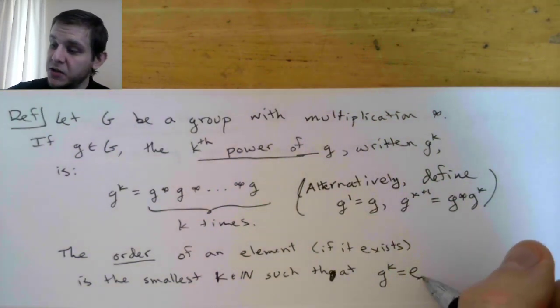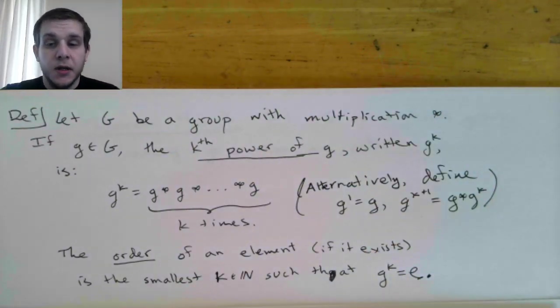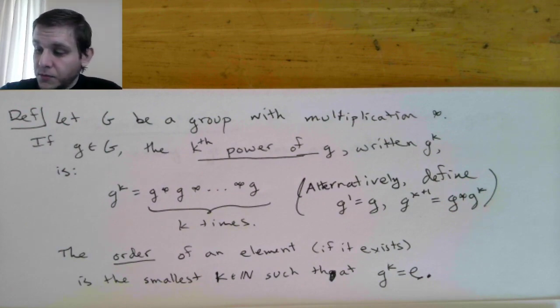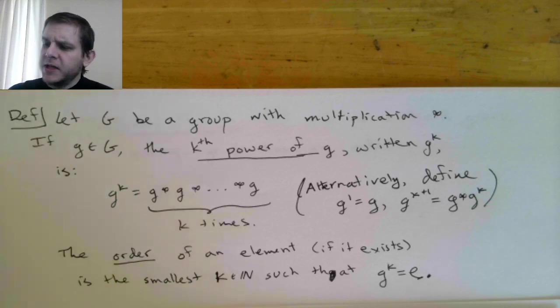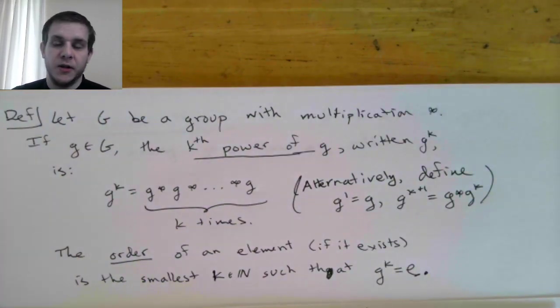E is most commonly used to denote the identity element of a group. For the rest of today's lecture, I don't know if we'll get to the point where we prove it, but we're going to be focusing on what the order of cycles, or not cycles, but just general permutations in the symmetric group are.